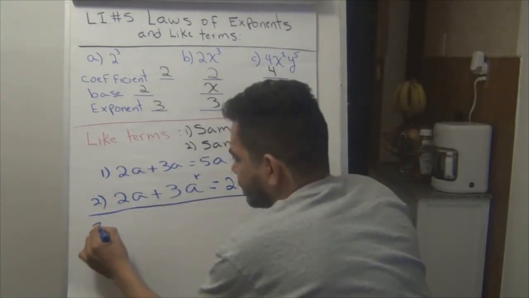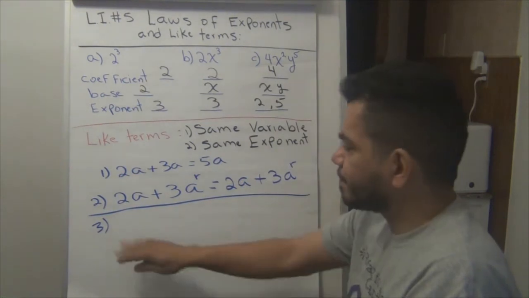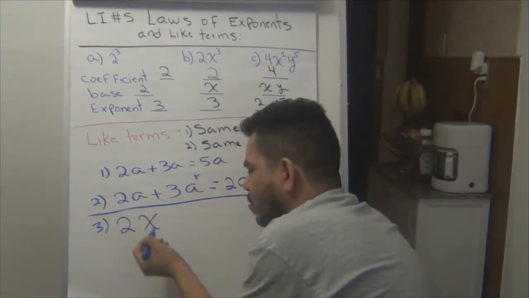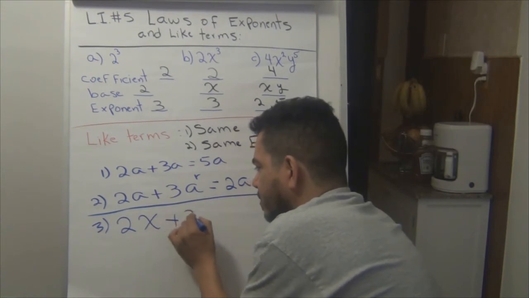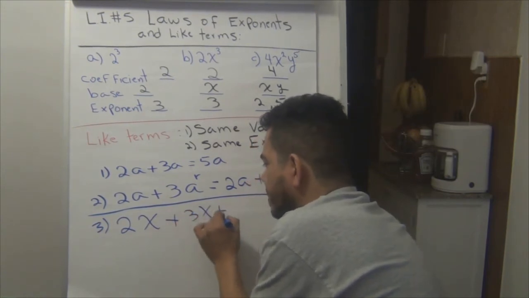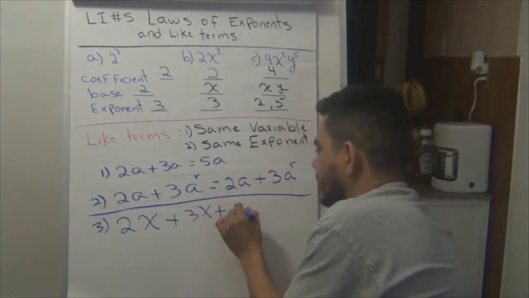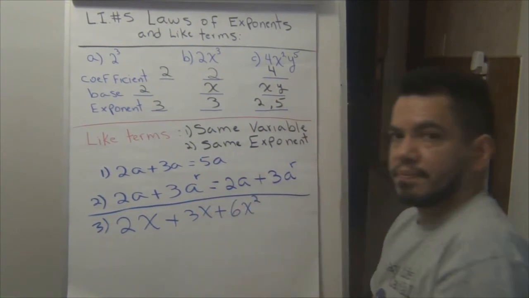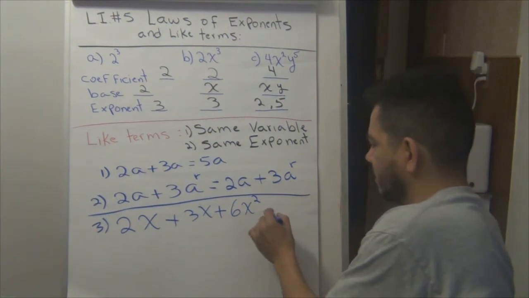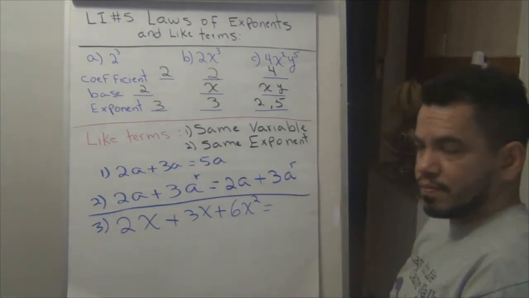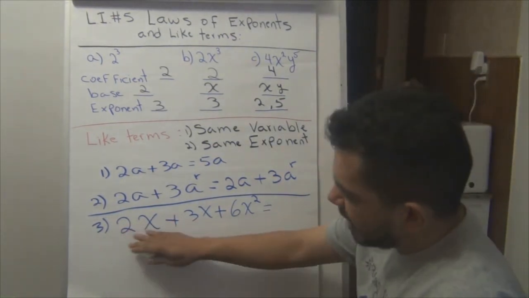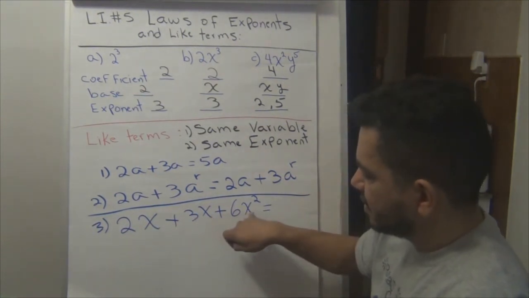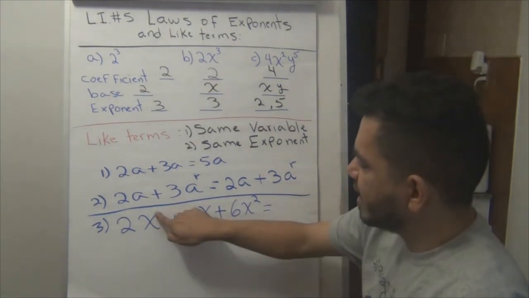Another example of like terms, okay? This time we're going to use x. So 2x plus 3x plus 6x to the second power. What is this equal to? Well, 2x, same variable? Yes. Same exponent? Yes.